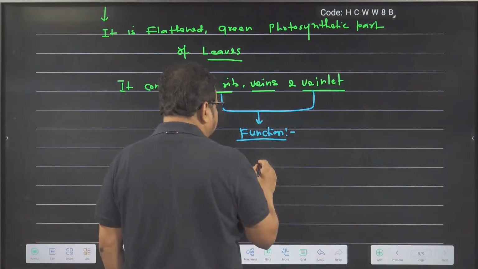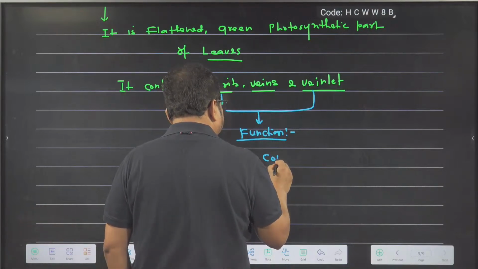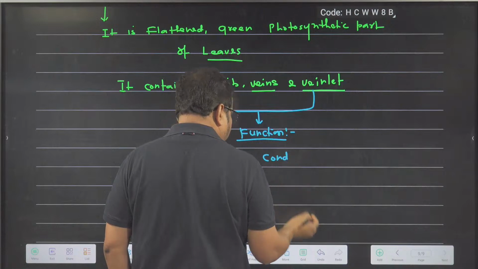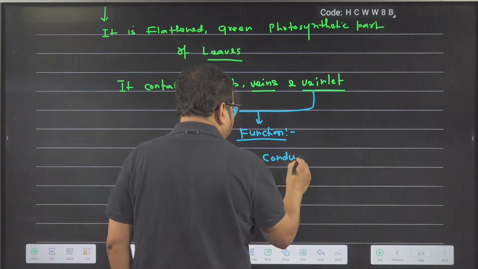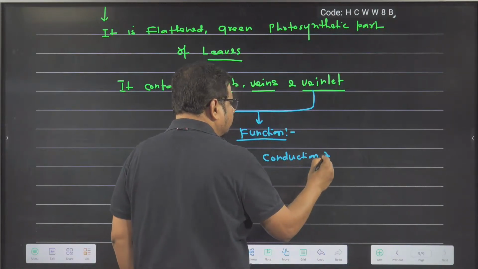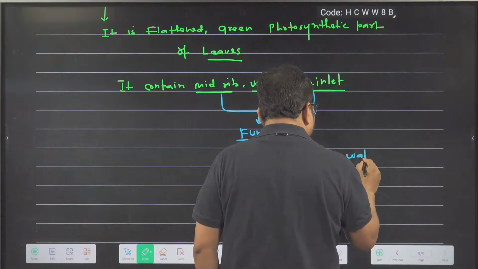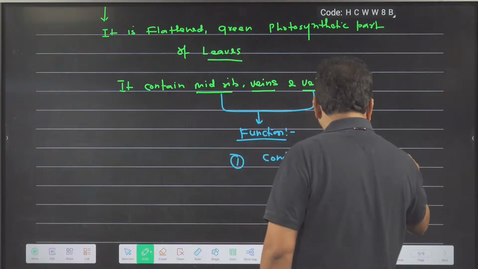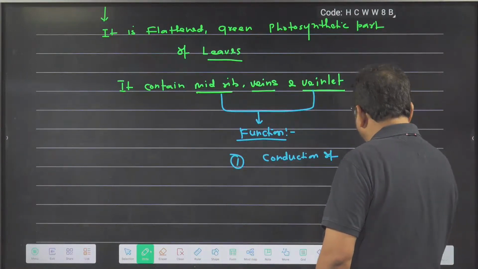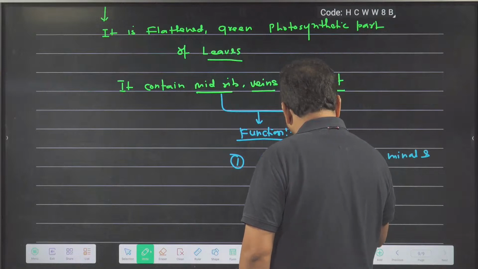Function number 1, conduction of water, minerals and food, because it contains xylem and phloem.